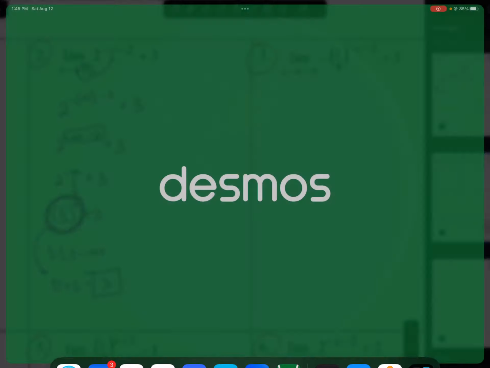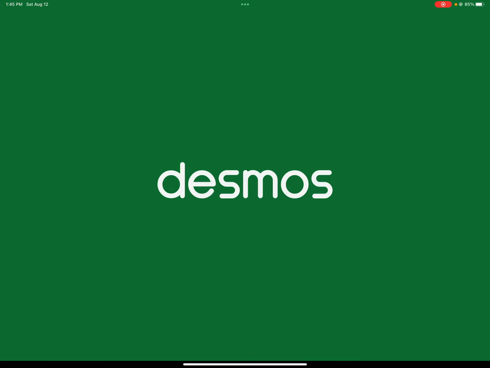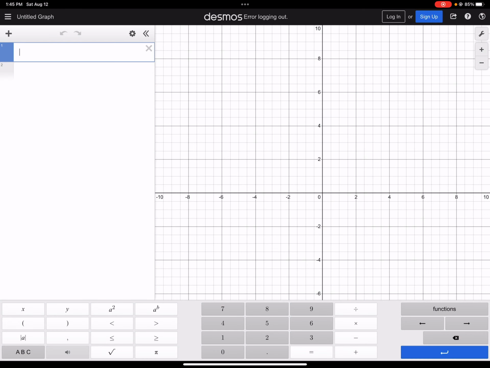2 to the negative x. So let's take a look at this function. 2 to the negative x minus 2, and then there was a plus 3.